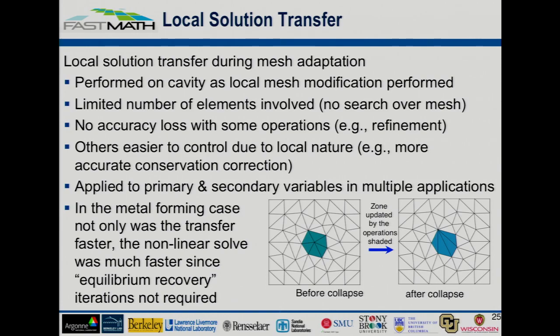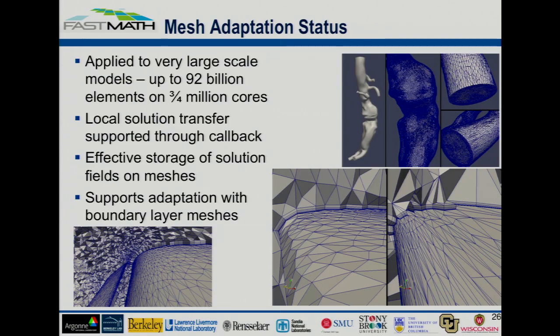With that, the local solution transfer, the idea there is if I'm carrying out an operation that's local, why don't I at that same time deal with the change of the solution field, whether it be a refinement, a collapse, or swap. The status is, as mentioned, we've done very large meshes. It supports the local solution transfer.